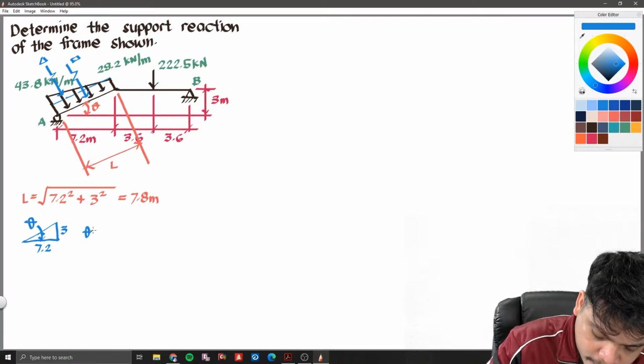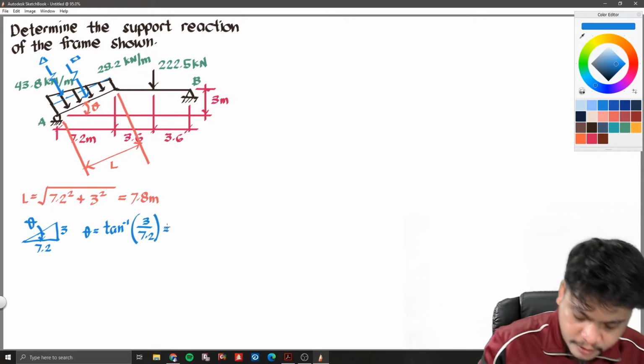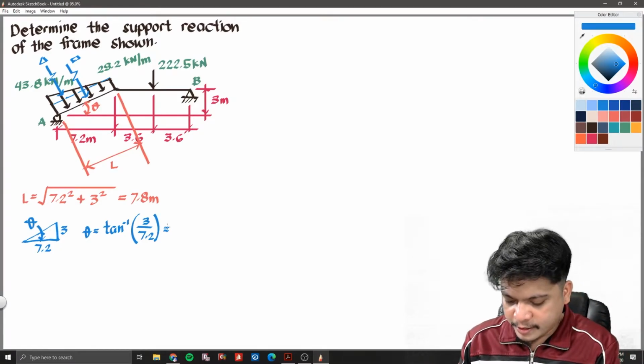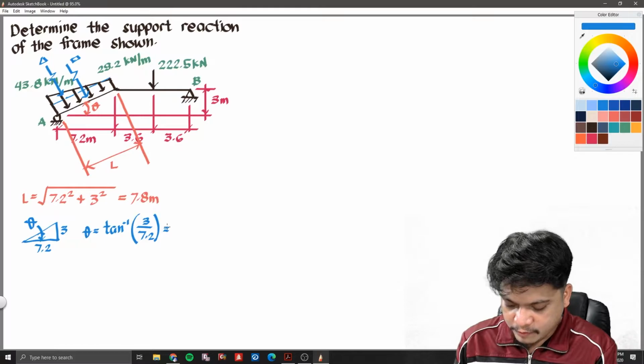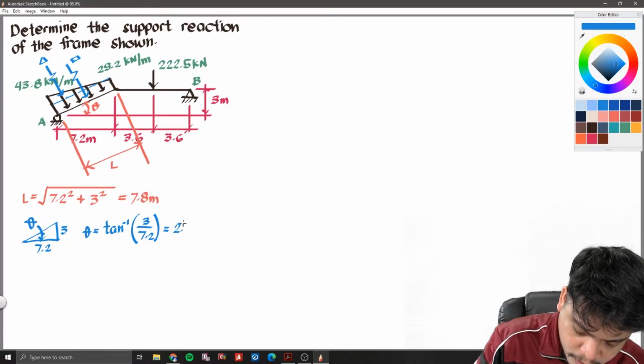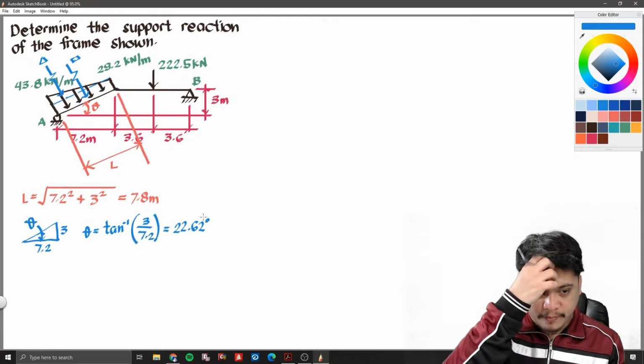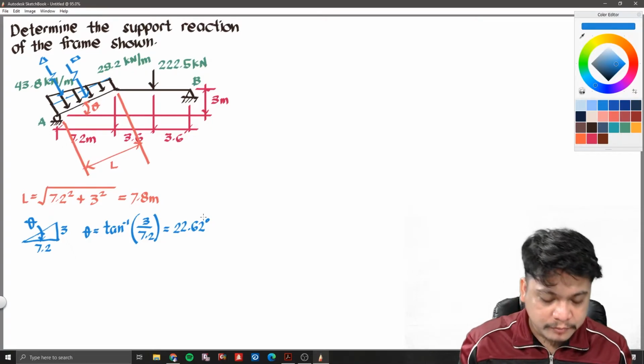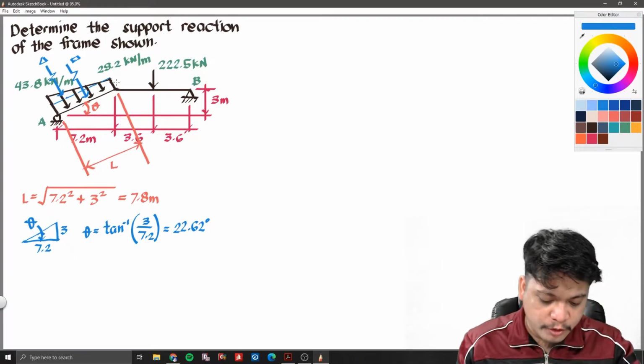Okay, so yung theta natin, that is just arctangent of 3 all over 7.2. So we will have here arctangent of 3 all over 7.2. Okay, or that's around 22.62 degrees.